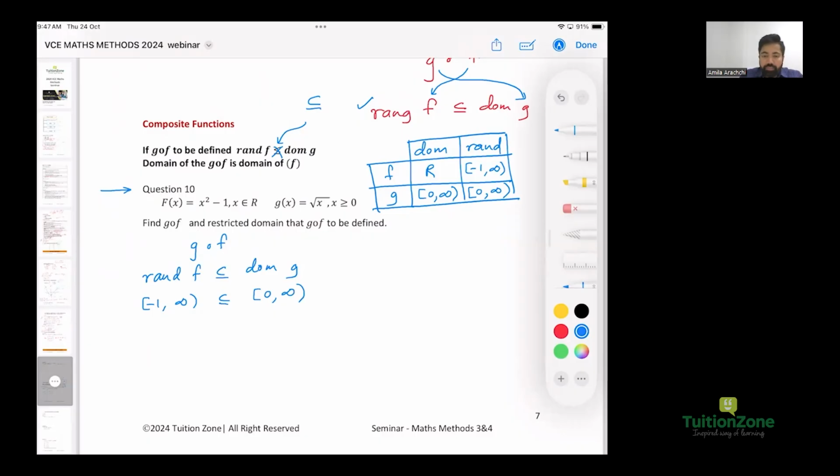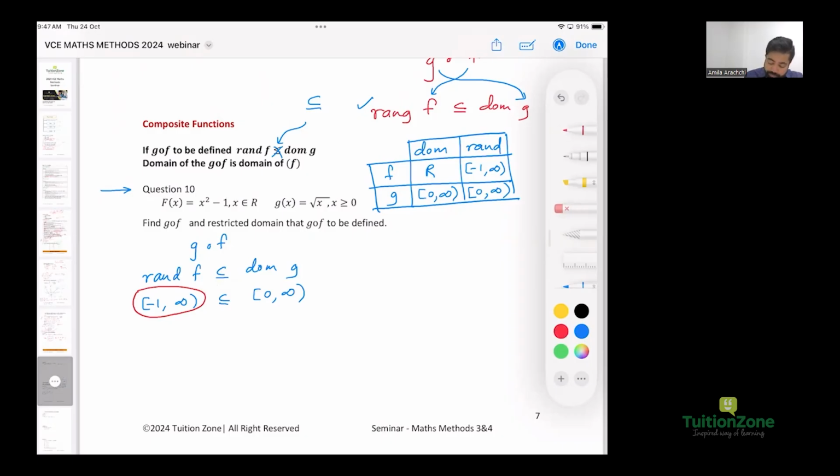Can you fit all this section inside of here or not? No, really, because -1 is outside, since this one says from 0 to infinity. So the range of f cannot fit within the domain of g. It can't be a subset.